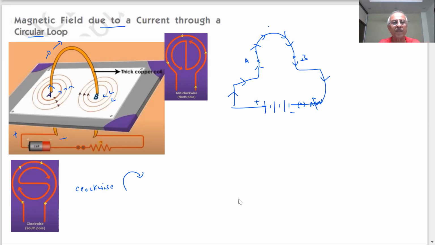And this one, what is the direction of the current here? When the direction of the current is reversed, what will happen?